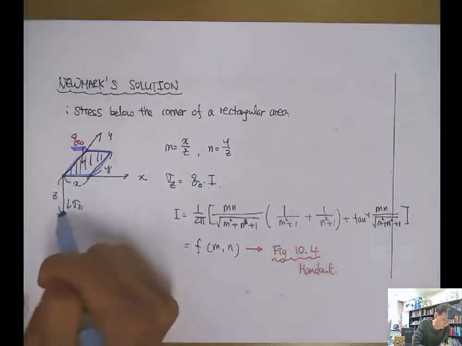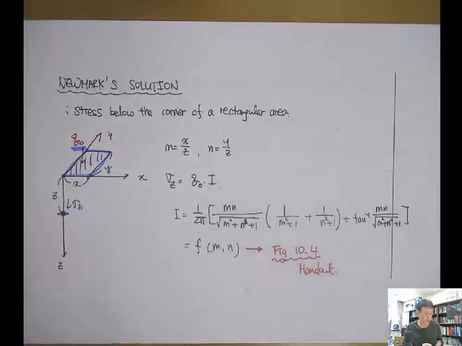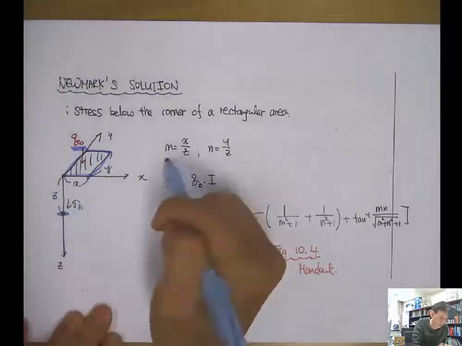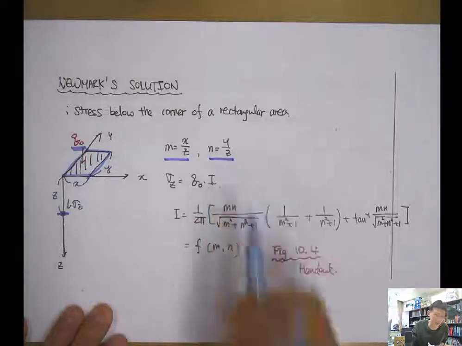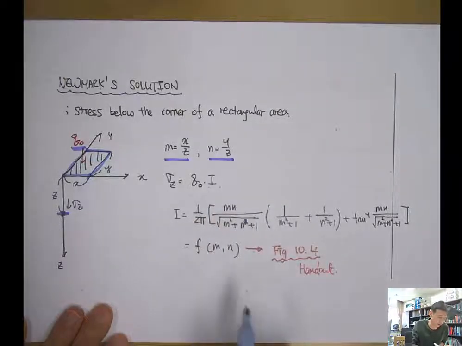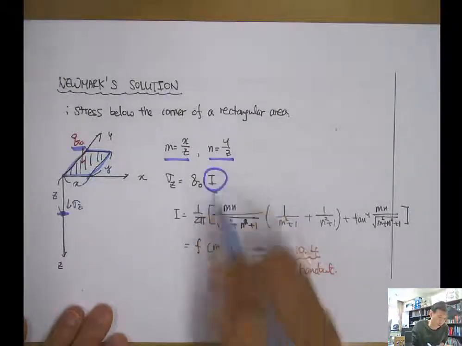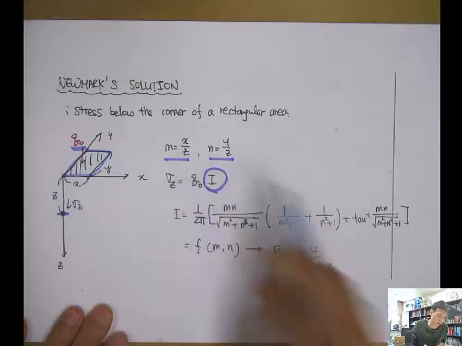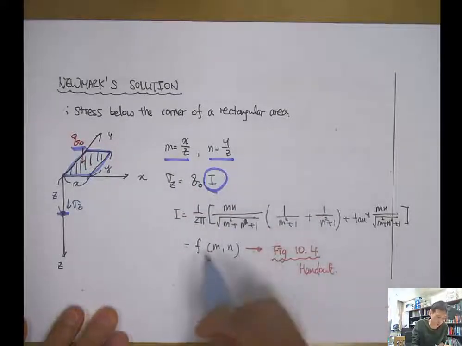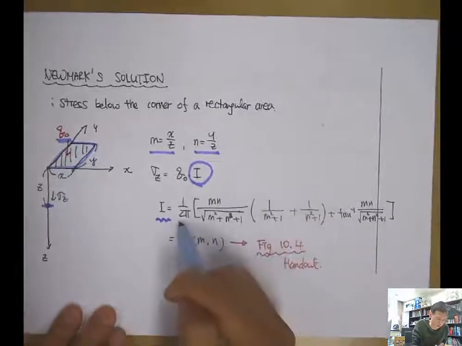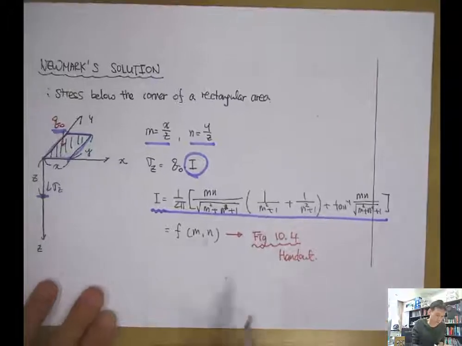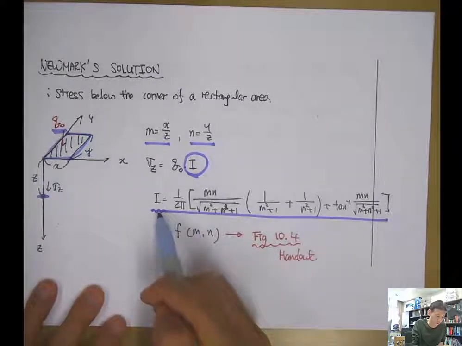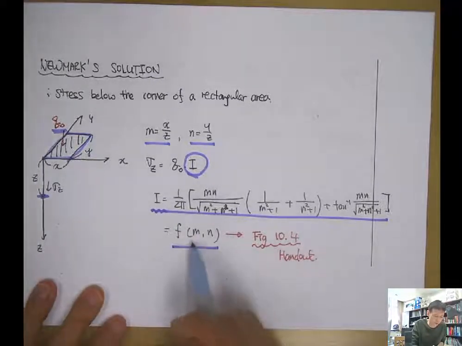And here, if the depth of interest is the Z, then you derive the M, which is X over Z, and the N, Y over Z, and then you can identify the I, which is a function of M and N. So here I is the influence factor and has the definition of this one. And this influence factor I is a function of M and N.